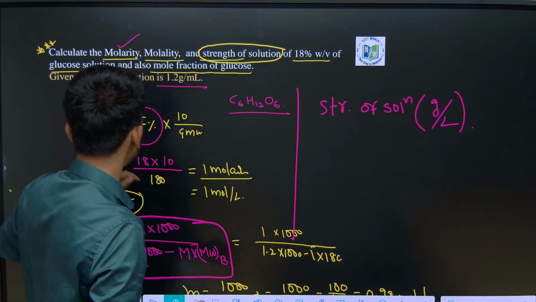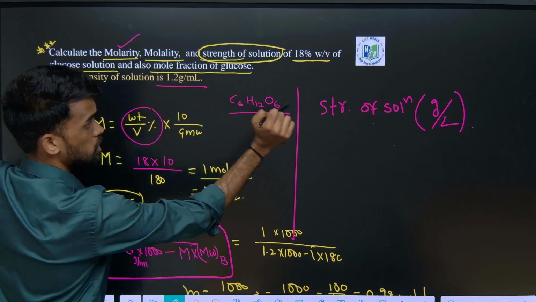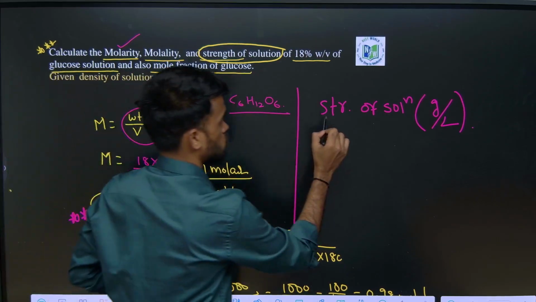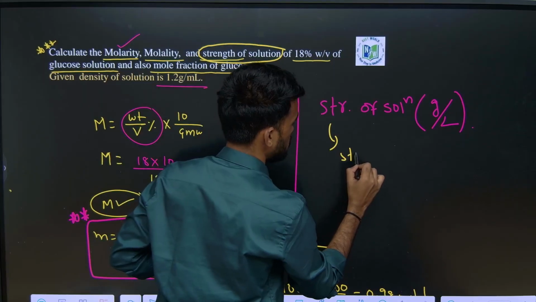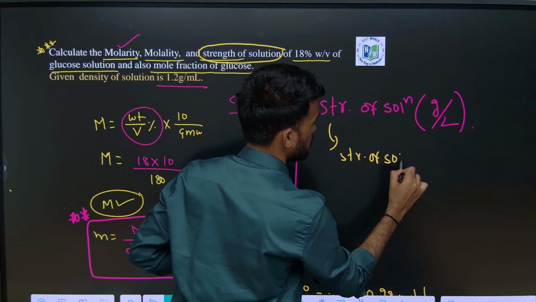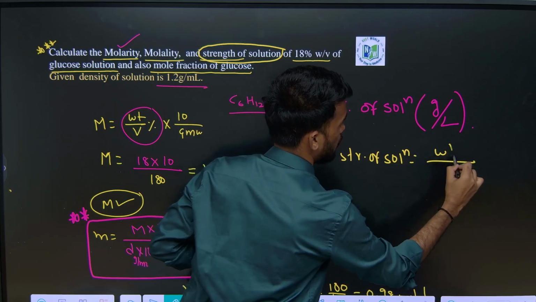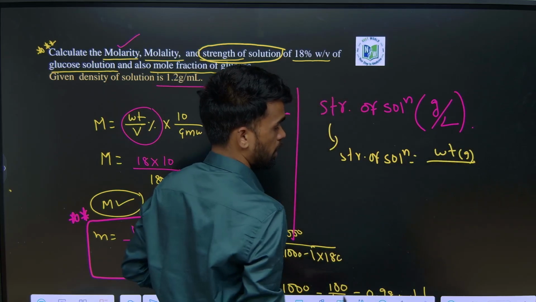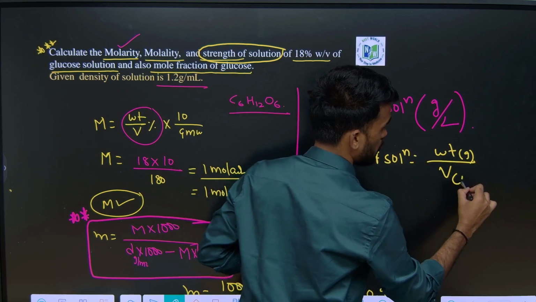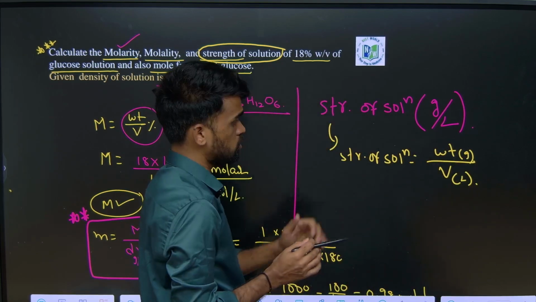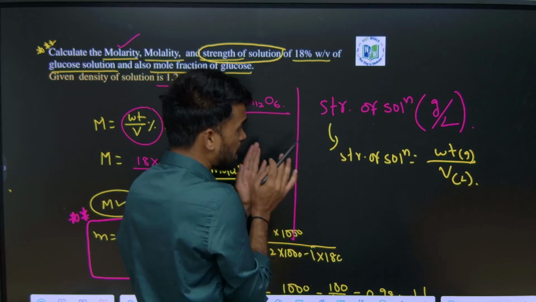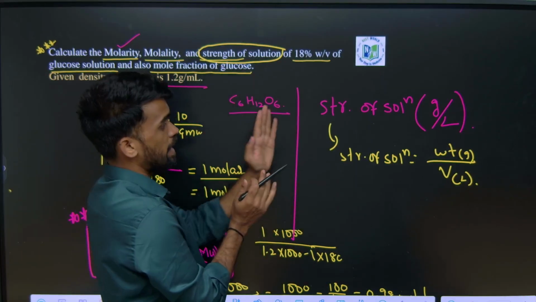So what is the relation between molarity and strength of solution? Strength of solution is nothing but weight of given compound in grams by volume in liters. So now let us link molarity and strength of solution.